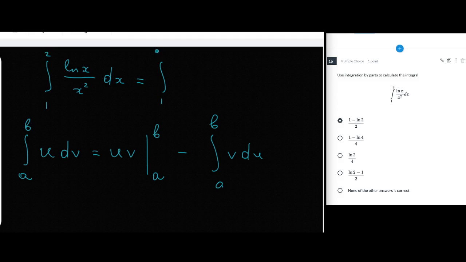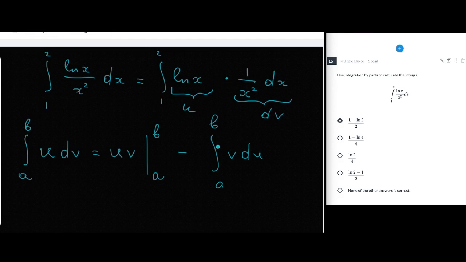So let me rewrite my integral. I'm just going to separate the two parts. The first part is going to be ln of x, and the second part is going to be 1 over x squared dx. And so what I'm suggesting here to try is to say that ln of x is going to be u, and then 1 over x squared times dx, that's going to be the differential of v.